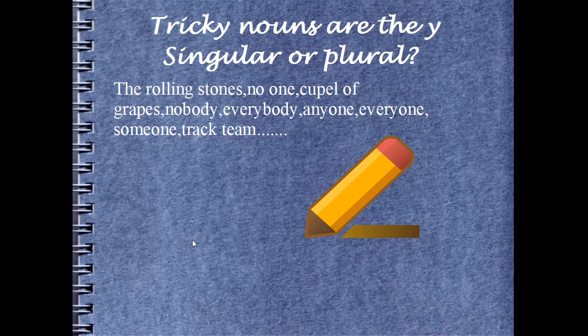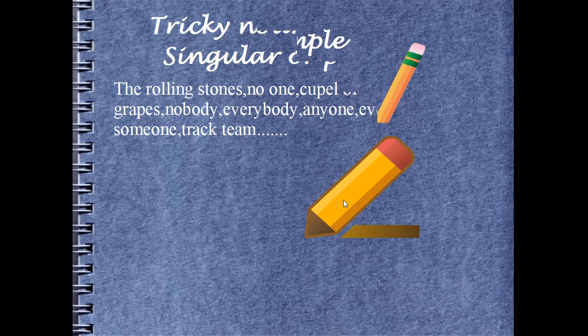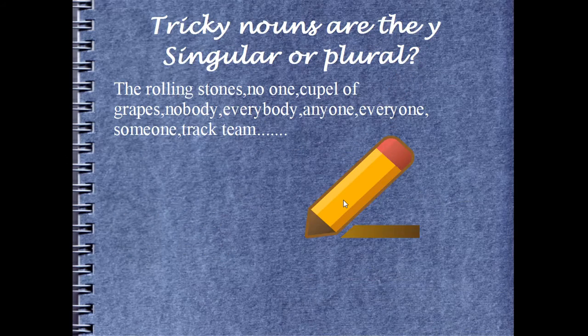Some tricky nouns are the Rolling Stones, no one, couple of grapes, and nobody, everybody, anyone, everyone, someone, track team, and others. And when you have these tricky nouns, sometimes it can be hard to know which ones are singular and which ones are plural.